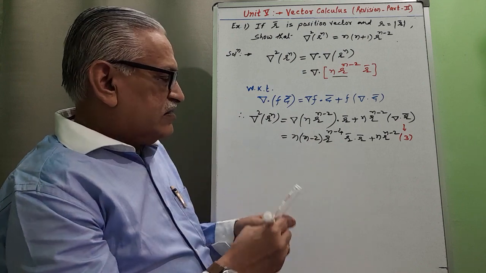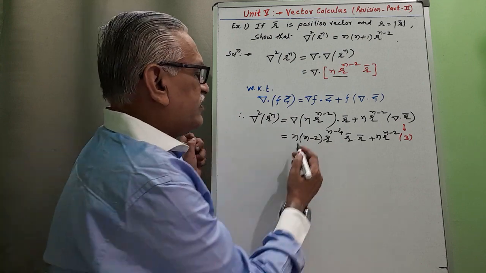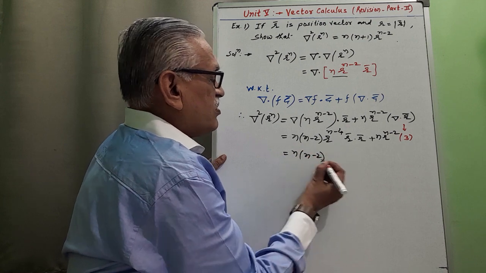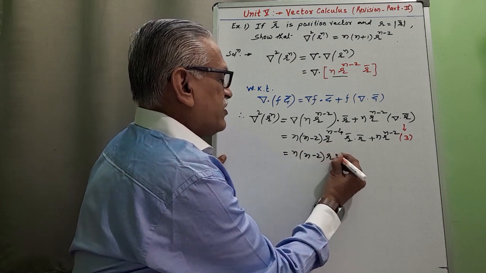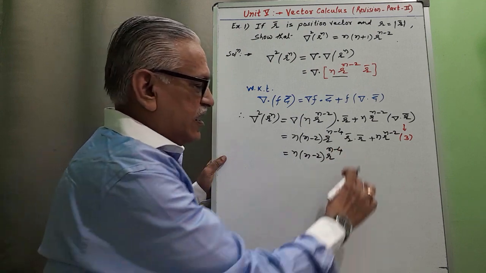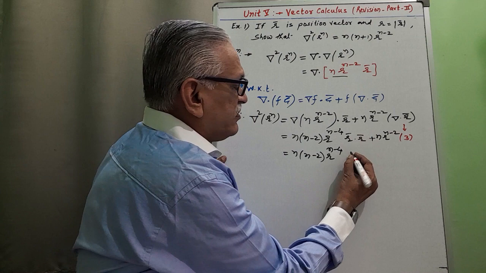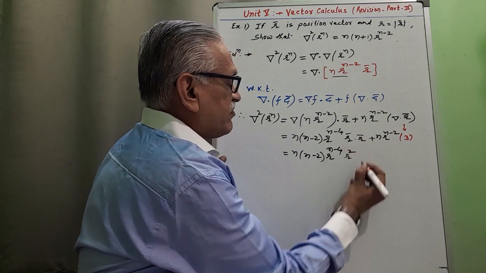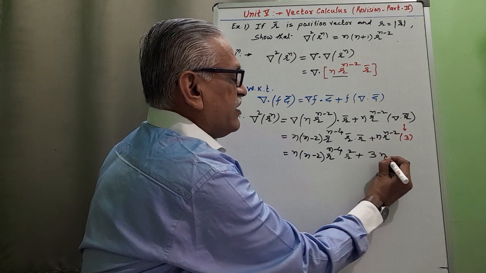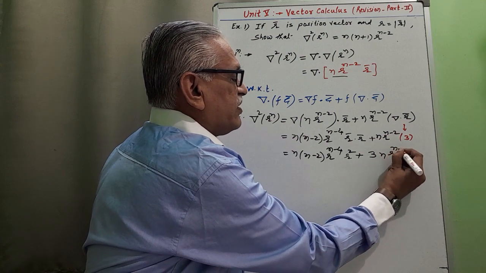And then simplifying it, we get n into n minus 2 r raised to n minus 4, dot product of two same vectors, r bar dot r bar, is r square, and plus 3 times n r raised to n minus 2.